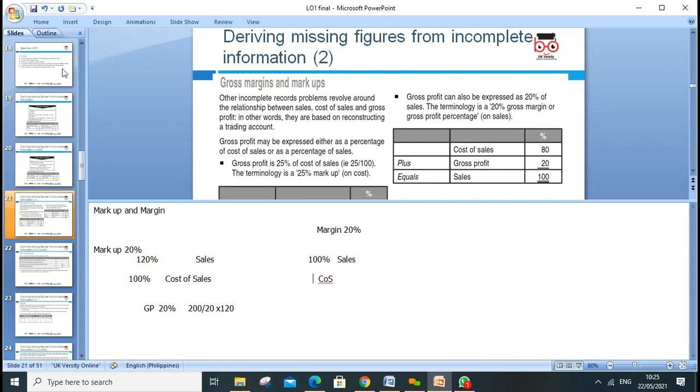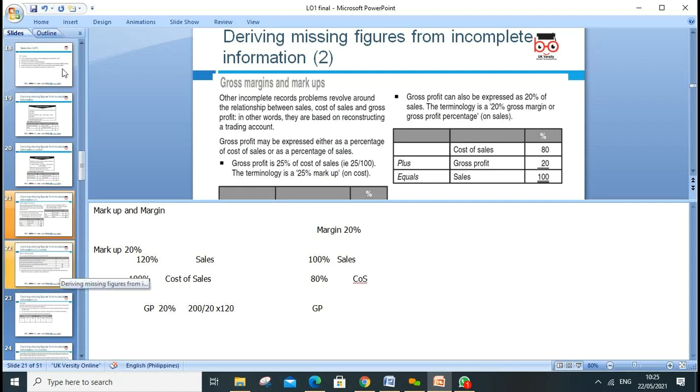My cost of sales is 100 minus 20, because 20 goes to my gross profit, so 80% will be my cost of sales, and 20% will be my gross profit. That's the way we can say it.